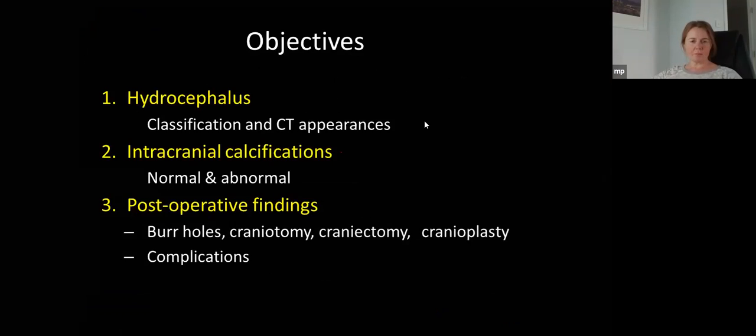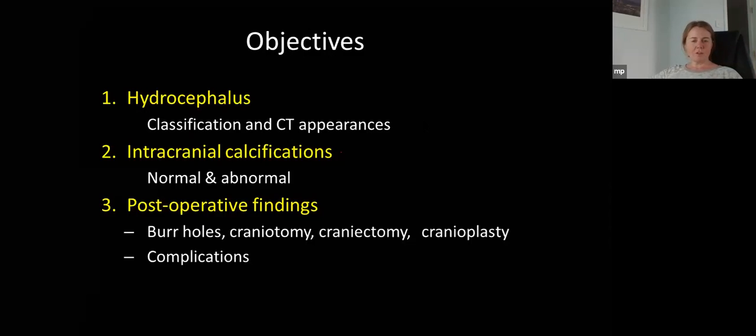For hydrocephalus, I'm going to go through the classification and CT appearances, and we're going to look at what features you can look at on CT to try and distinguish between compensated, acute, different types of hydrocephalus.